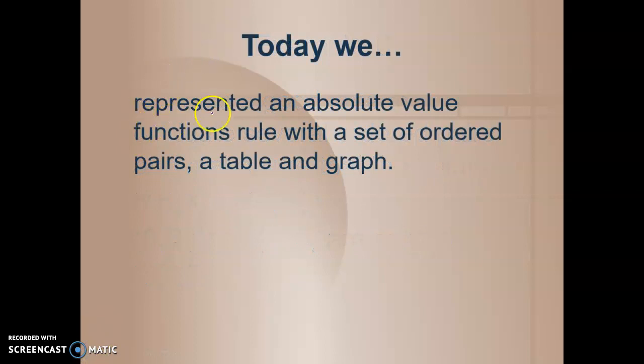Today we represented an absolute value function's rule with a set of ordered pairs, a table, and a graph. Remember, if the domain is given to you, let's say they give you negative 3, negative 2, negative 1, 0, 1, and 2, you're only going to graph those specific points. They only want you to show those domain values.